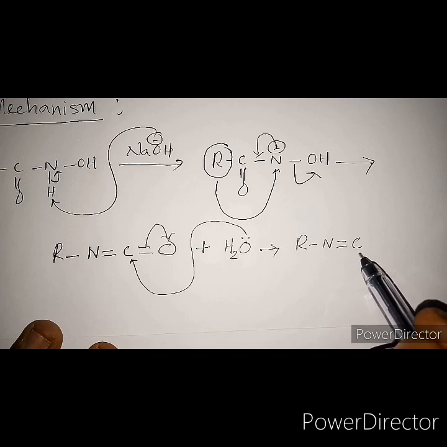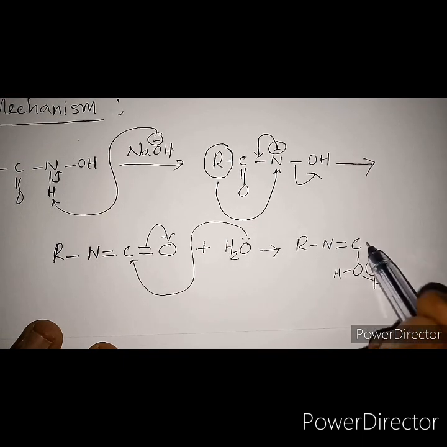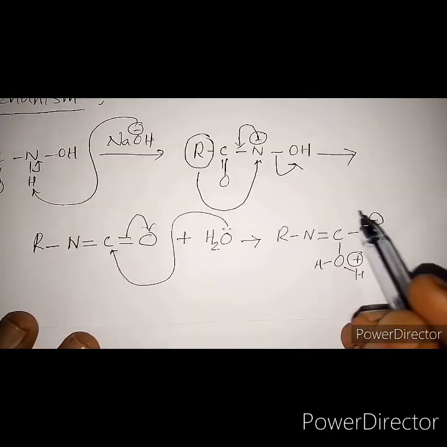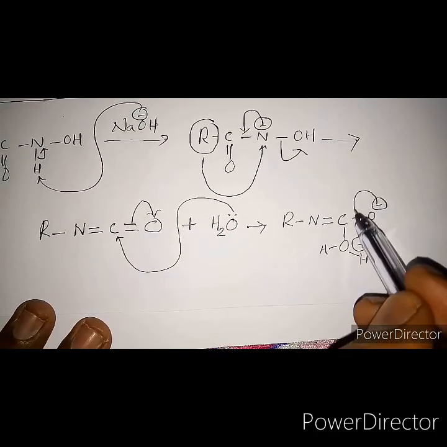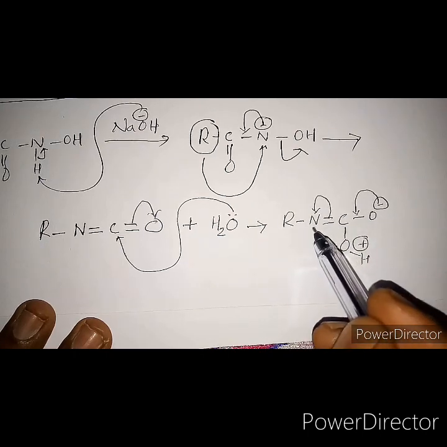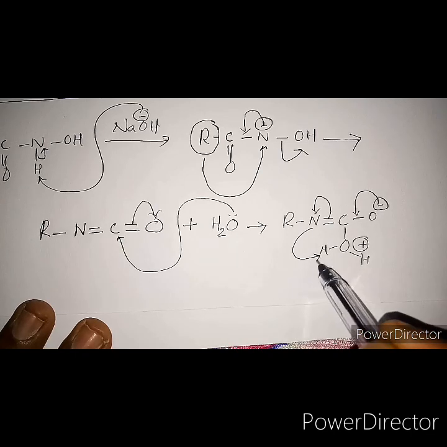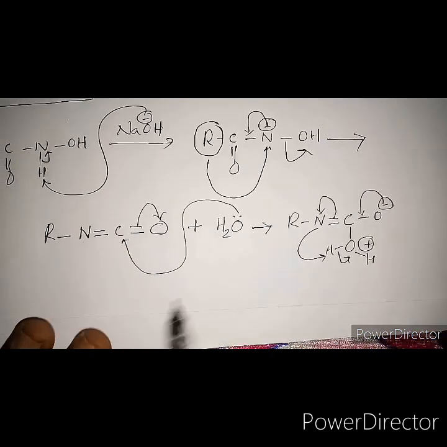So we'll get OH, H plus, O minus. Now the negative charge again makes a pi bond, and this pi electron shifts to nitrogen, creating a negative charge. That negative charge abstracts a proton and neutralizes the positive charge.